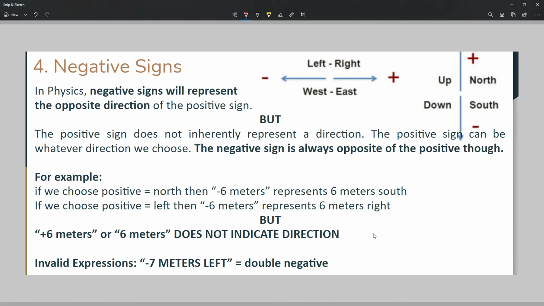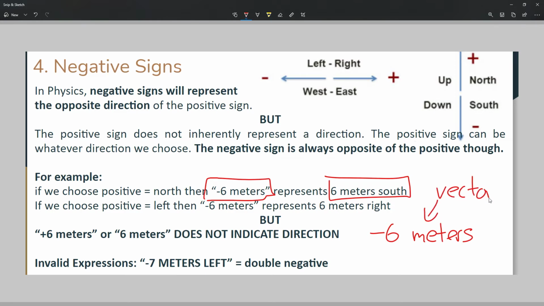One nuance here is that negative 6 meters represents 6 meters south. And that's enough. That's called a vector, right? A vector has both direction and magnitude. The negative sign is all you need for a direction.